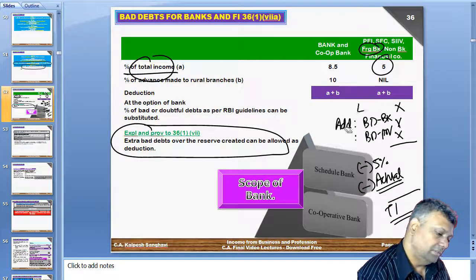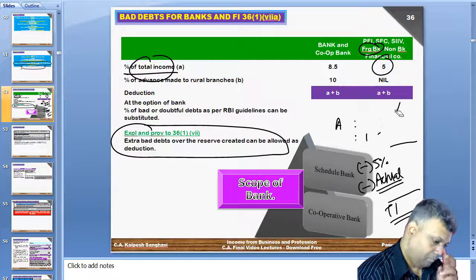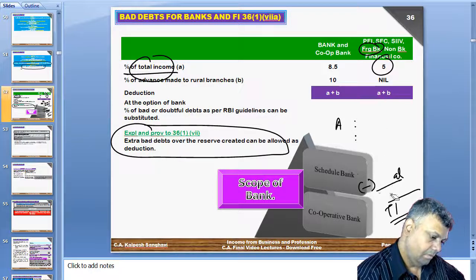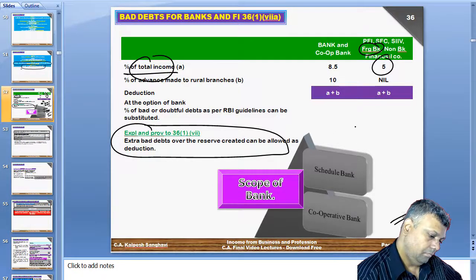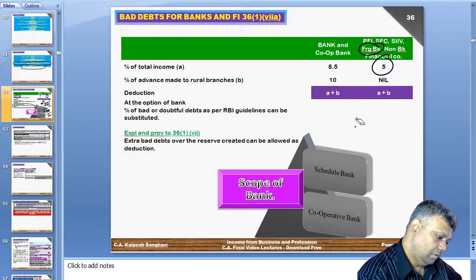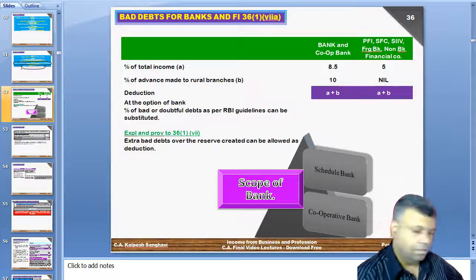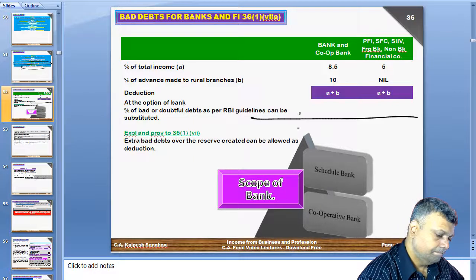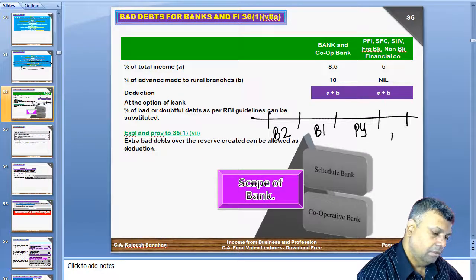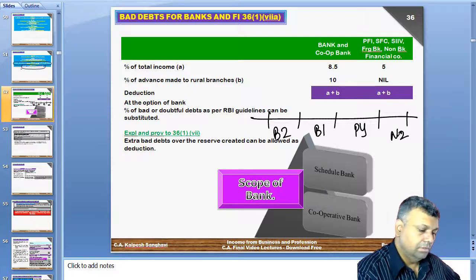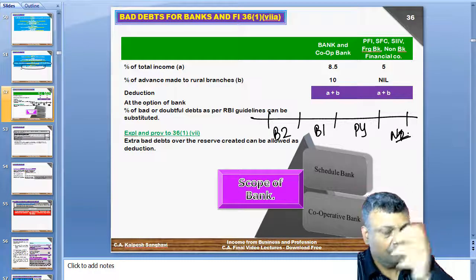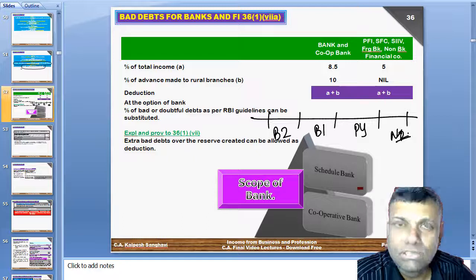Let me erase all these things. Just put it in terms of the time sequence. Previous year, before year, next year. That is our time sequence.